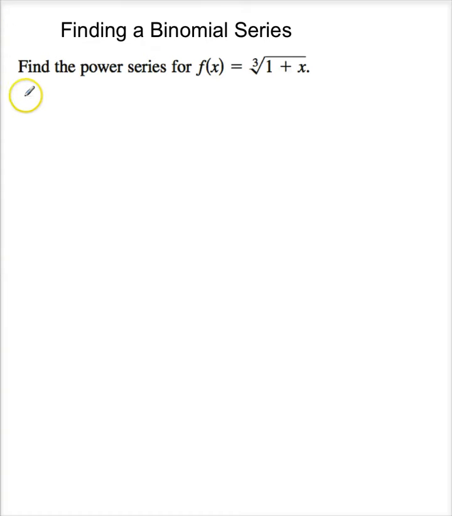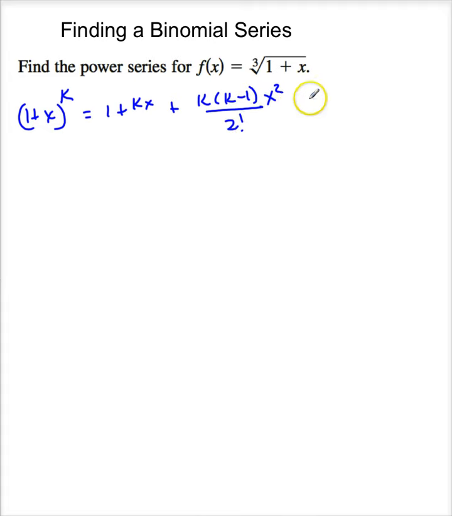So what I can do is say (1 plus x)^k is equal to 1 plus kx plus k times k minus 1 x squared divided by 2 factorial, plus k times k minus 1 times k minus 2 x cubed divided by 3 factorial, plus and so on. All right, I need to identify what k is. For this, k is 1/3.